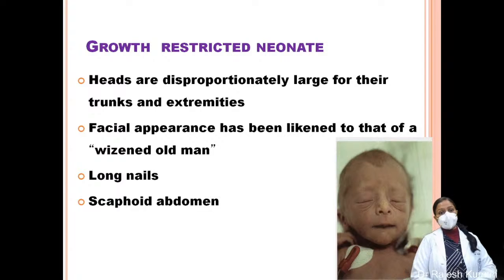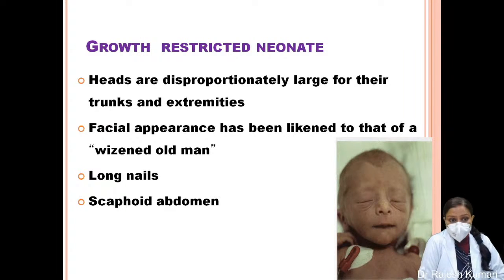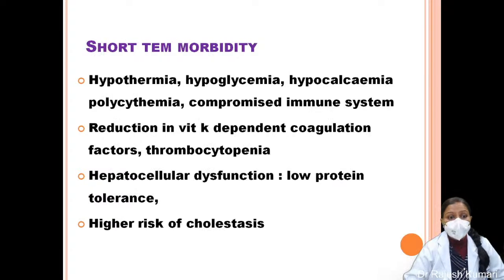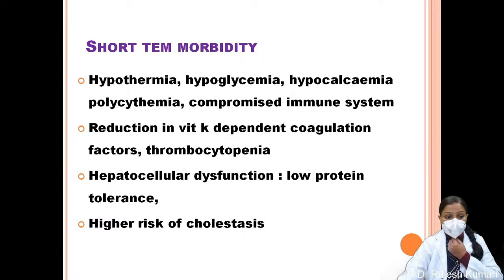The growth restricted neonate has a head disproportionately large for the trunk and extremities. Facial appearance has been likened to that of a wizened old man, with long nails and a scaphoid abdomen. There is hypothermia, hypoglycemia, hypocalcemia, polycythemia, and a compromised immune system. There is reduction in vitamin K dependent coagulation factors and thrombocytopenia.